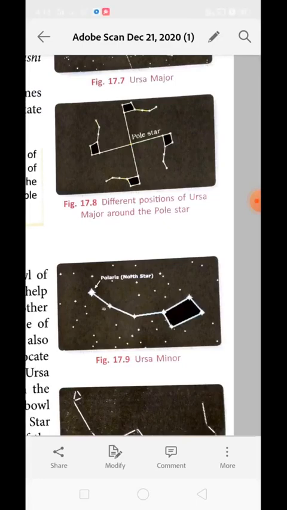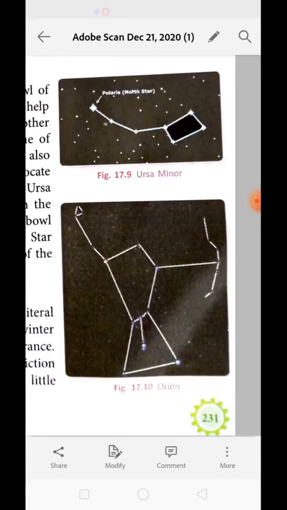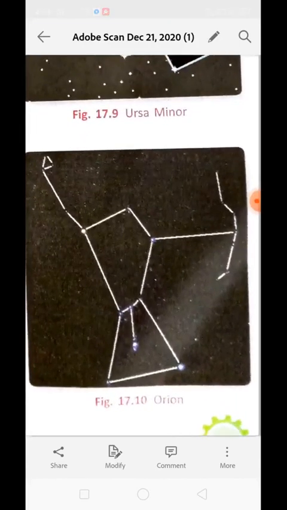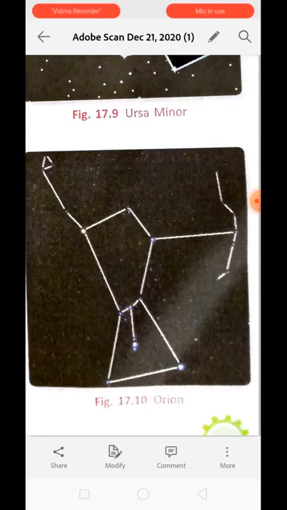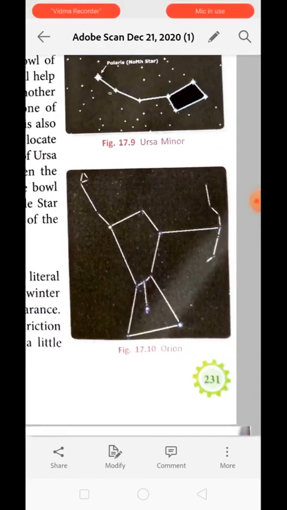Next is Orion. Orion is another constellation. The literal meaning of the term Orion is hunter. The stars are connected in such a way that it appears like a hunter is ready to hunt. It is easily visible on late winter evenings with a magnificent 8-member appearance. This constellation has 8 members, whereas Ursa Major and Minor have only 7 members.